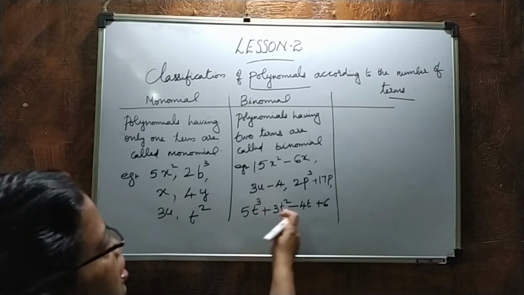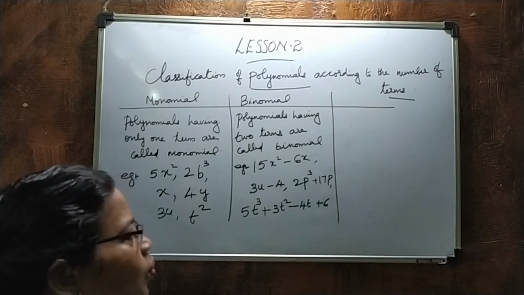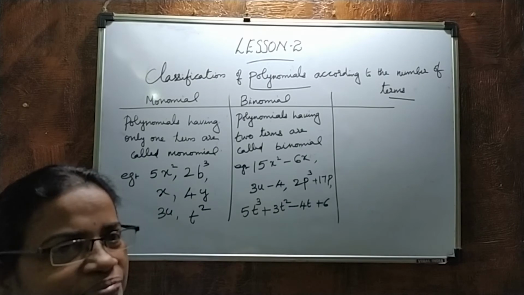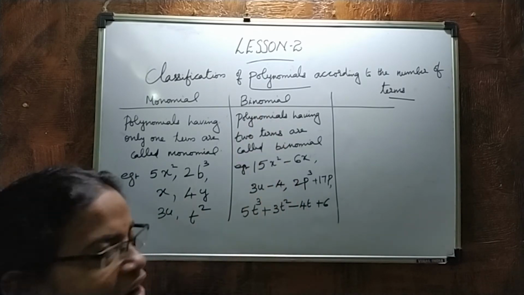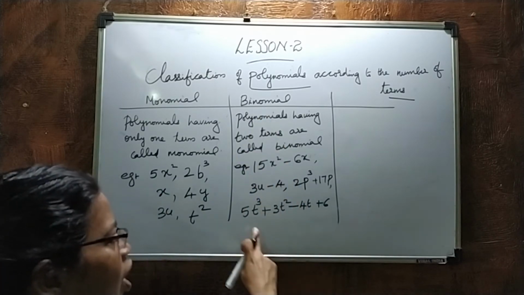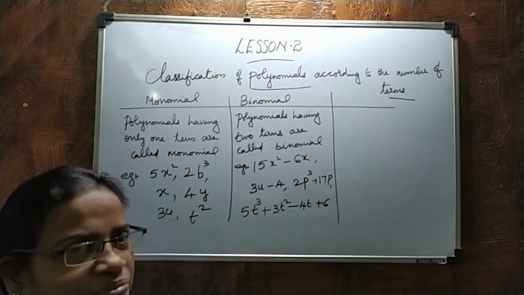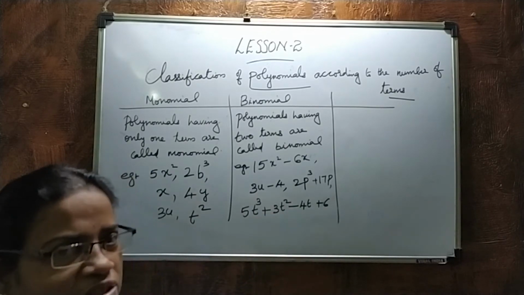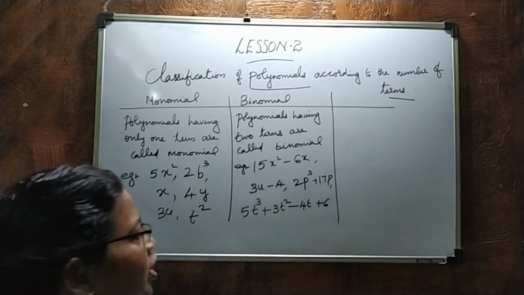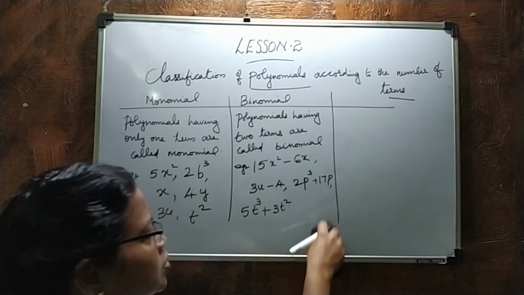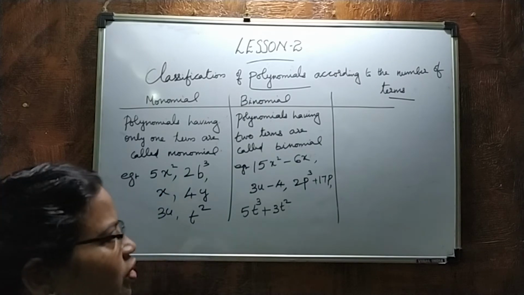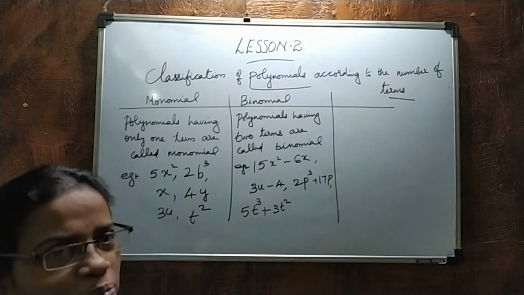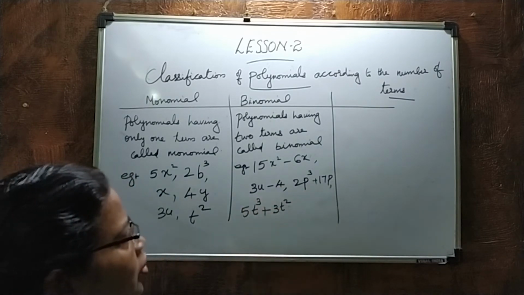Is it correct? How many terms are there? We are talking about binomial, and here how many terms did I write? 1, 2, 3, 4. That is wrong actually. Only two terms need to be written. So here two terms are there, 2p cube plus 17p, and 3u minus 4.